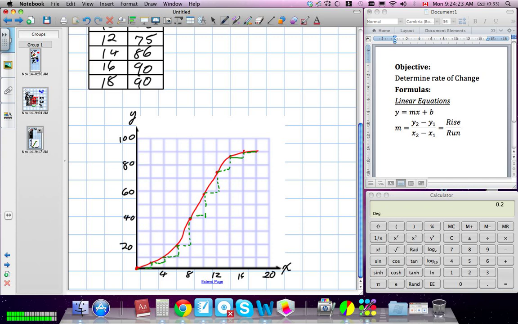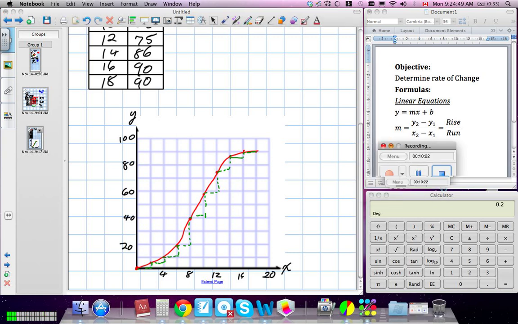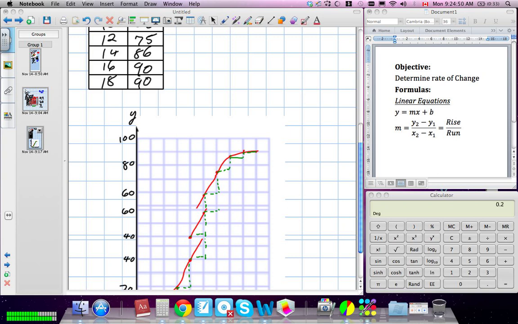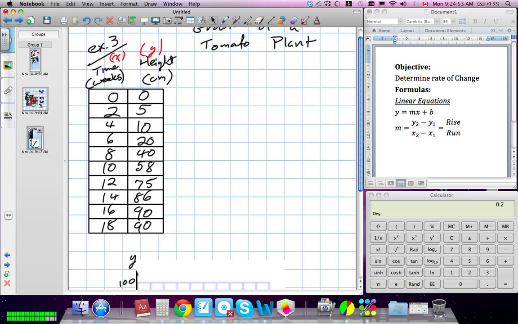First thing we're going to do is find first differences again. When we find first differences, we can actually use those numbers to determine the rates of change. The first differences are essentially the differences in y2 and y1 for all of our coordinates.